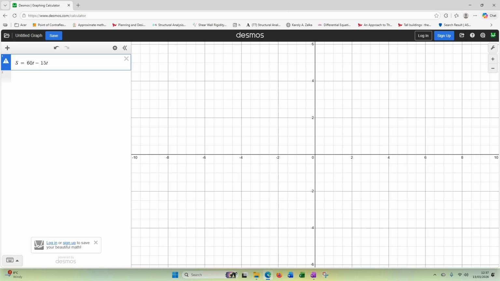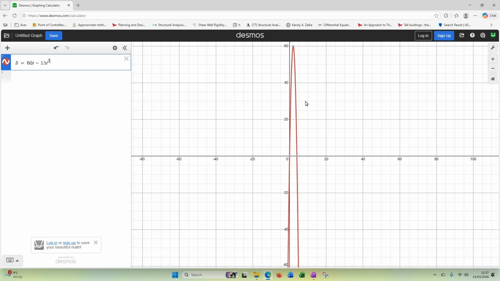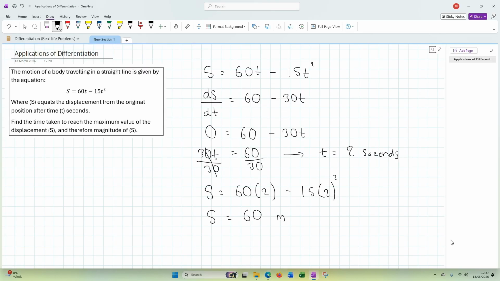And here you have the graph for that. So if you look, as I scroll out, indeed the maximum displacement is 60 and does indeed occur at 2 seconds. So I hope that's useful to you.